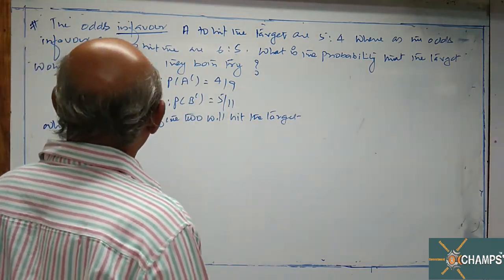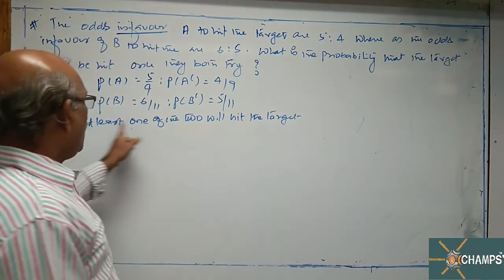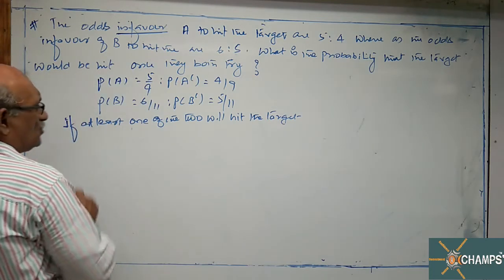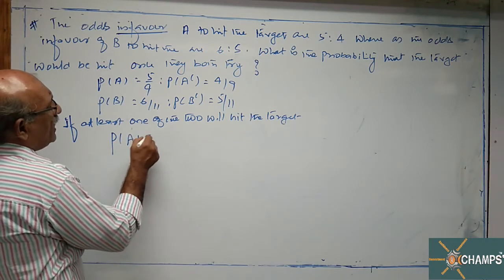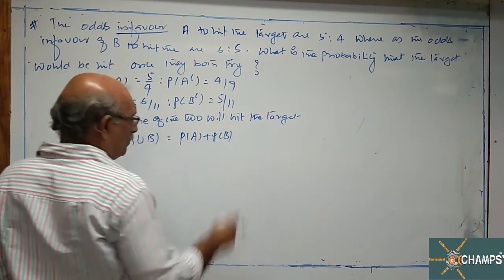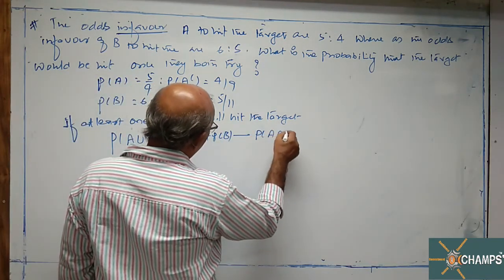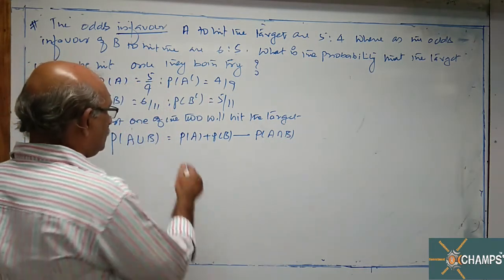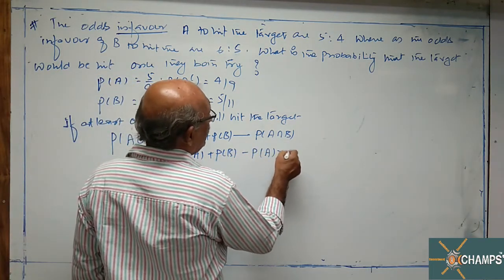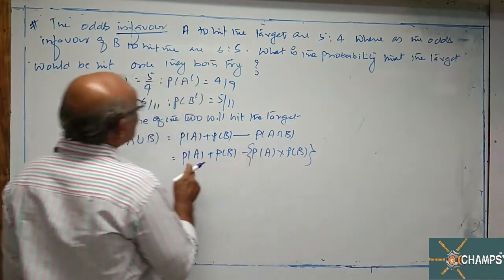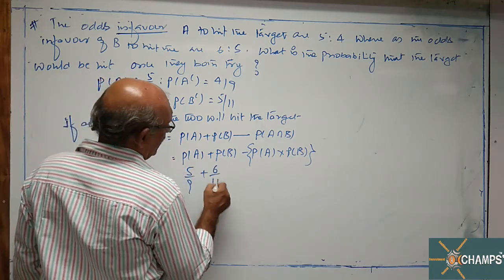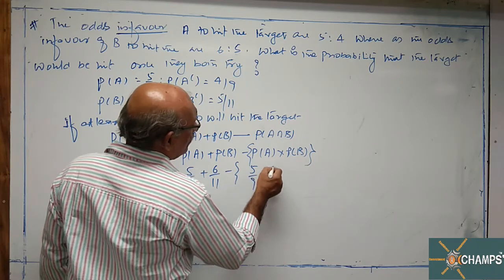So I can write it as P of A union B is equal to P of A plus P of B minus P of A intersection B, that is P of A plus P of B minus P of A into P of B. P of A is equal to 5 by 9, P of B is equal to 6 by 11, and 5 by 9 into 6 by 11.